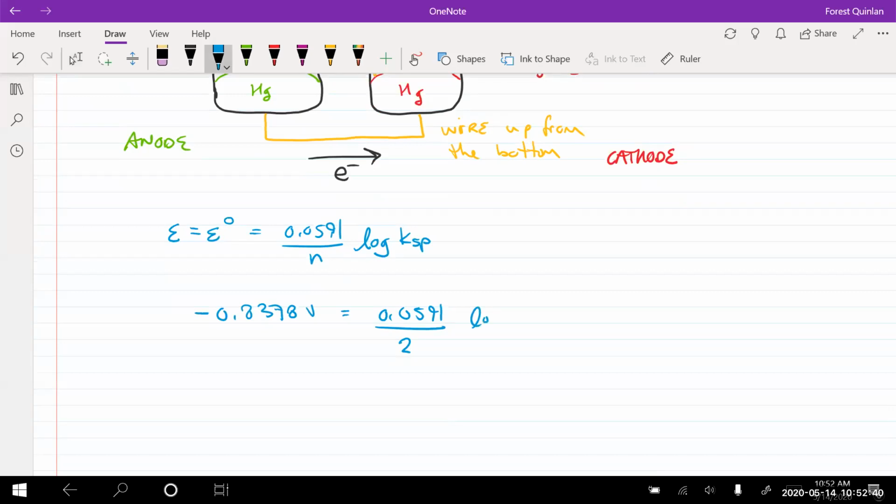And then log of the KSP. If you go ahead and solve it, you'll find the KSP is 4.50 times 10 to the negative 29. Pretty darn insoluble.